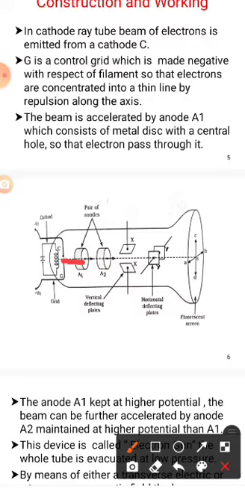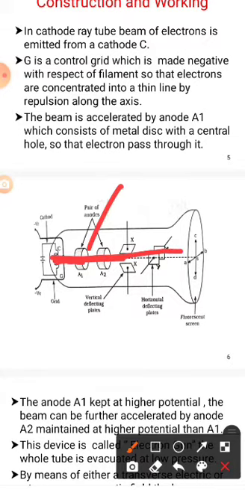This anode consists of a metal disc with a small central hole, so that the electrons pass through it.